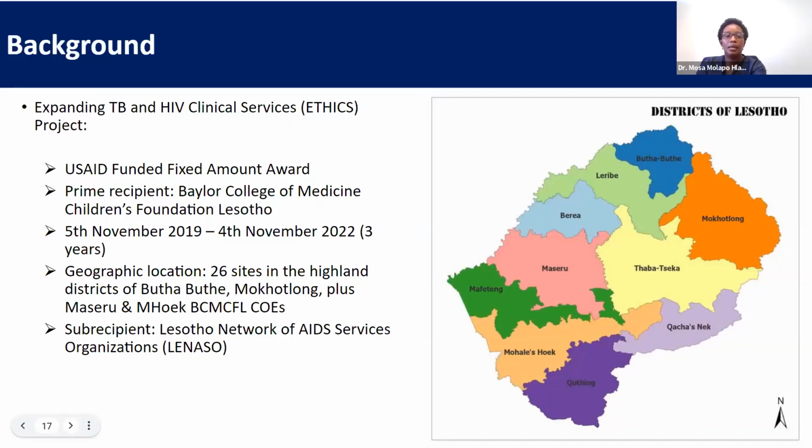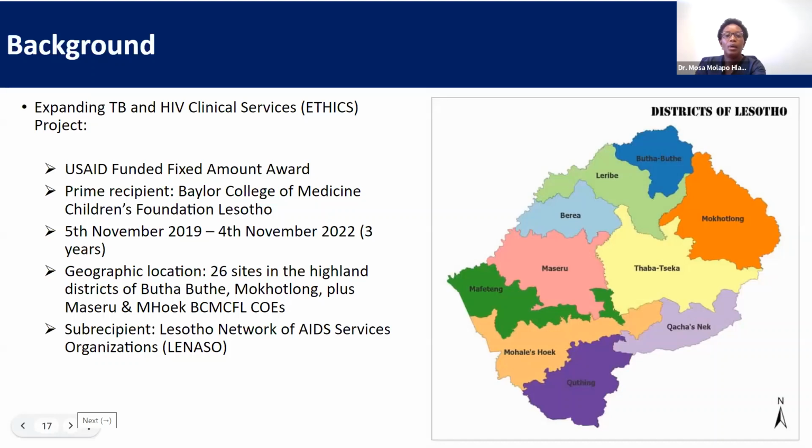We have one sub-recipient, the Lesotho Network of AIDS Services Organizations that helps with tracking of clients who interrupt treatment, etc. So the program started in November 2019, so just after the beginning of FY20. It's a 3-year project, and we took over from ECPAF in 2 of the 10 districts in Lesotho.